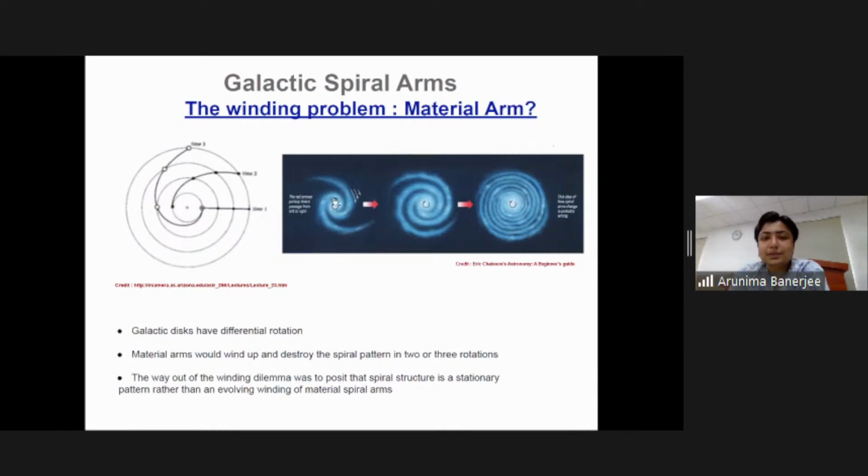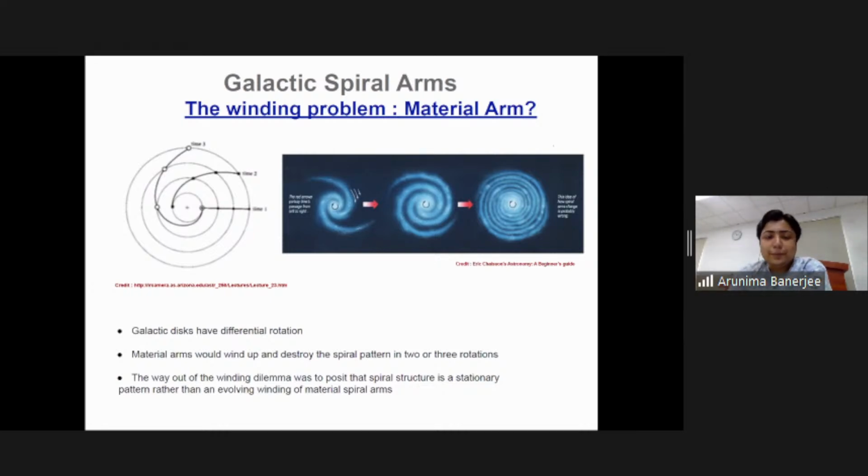it has been established that this pattern is a long lasting pattern. It is a stationary pattern which is actually moving like a ceiling fan moves, but slowly, superimposed on the motion of the differentially rotating galactic disk.